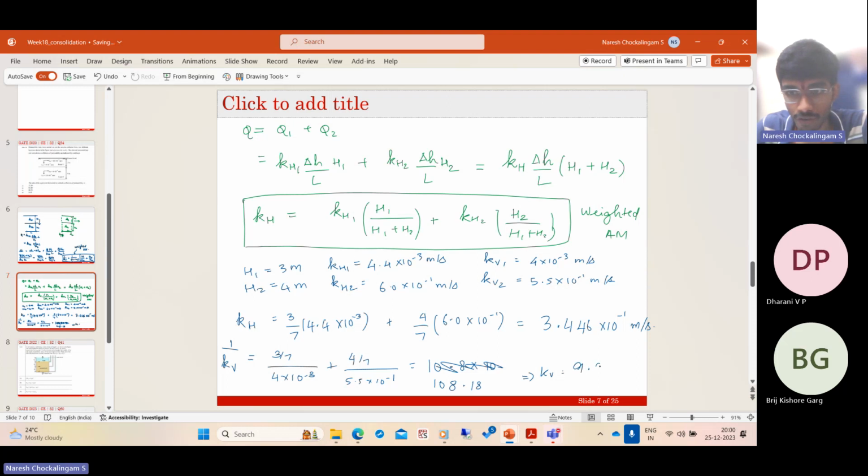This is about 9.24 into 10 power minus 3 meters per second.